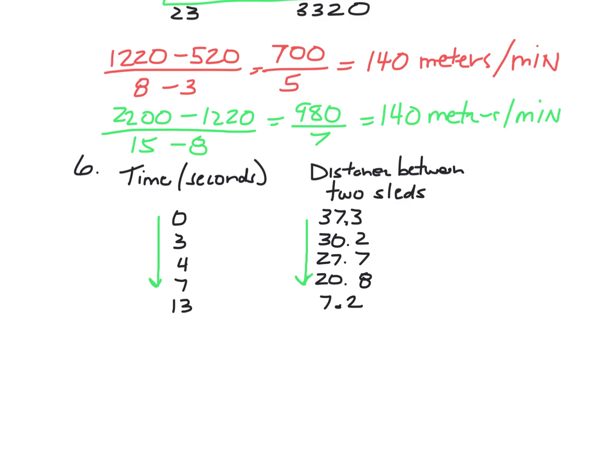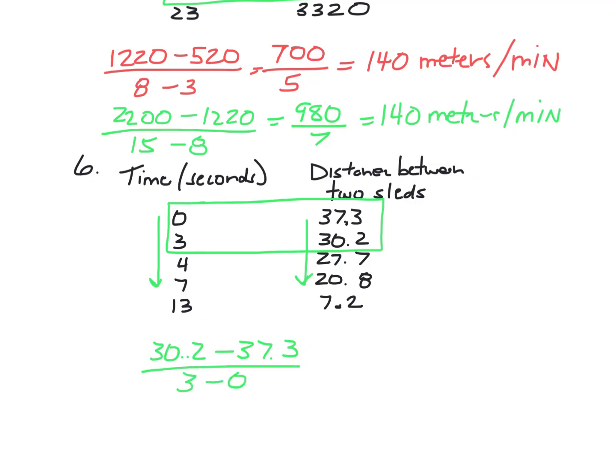If I do it the same way, let's say I work with these 3 points right here. I would take 30.2, take away 37.3, and the time in seconds would be 3 minus 0. So on the top I'm going to have a negative change, negative 7.1, and on the bottom I have 3.